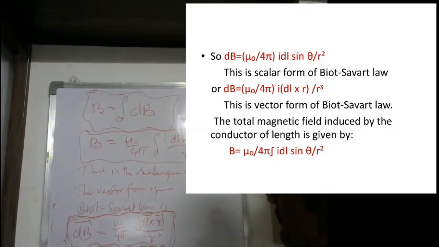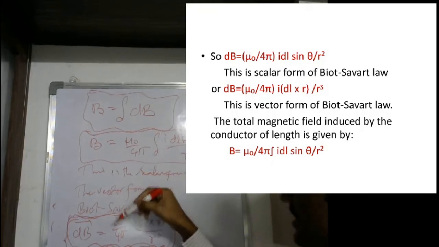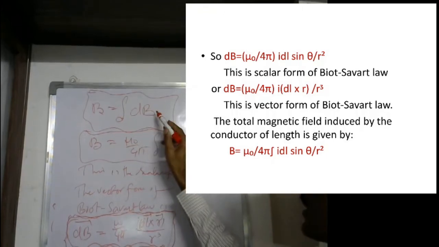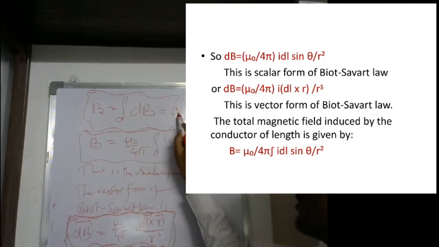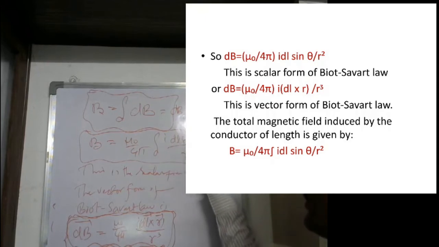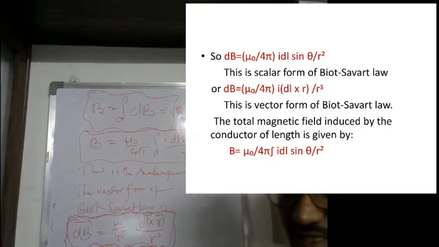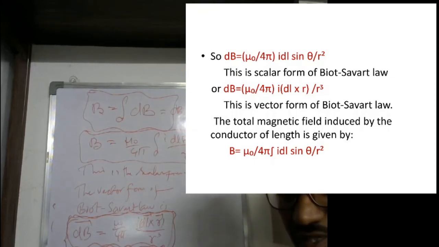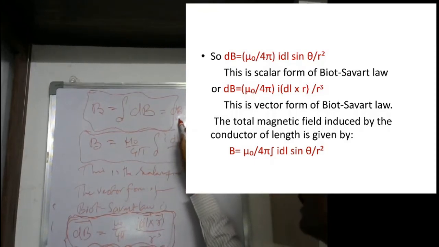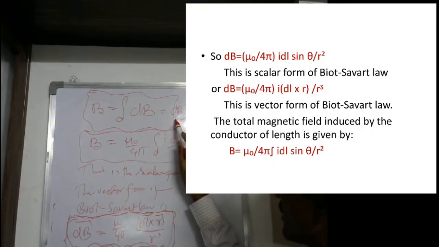So here this is nothing but adding all dBs. Here we are using the superposition principle. This means dB1, dB2, and so on, for all infinitesimal elements. We are adding the induced magnetic field due to all infinitesimal elements. If you take the first infinitesimal element of length, it is creating dB1.